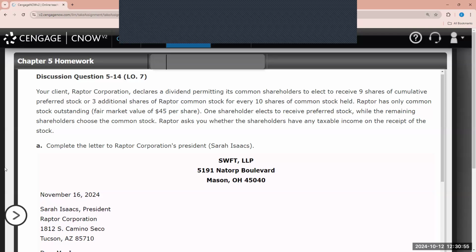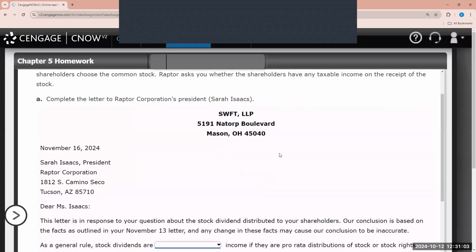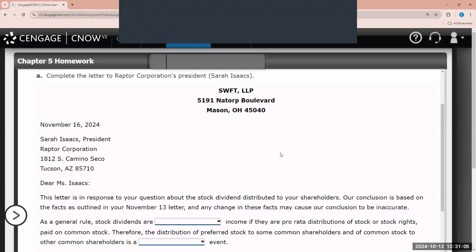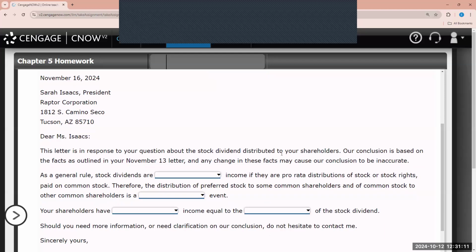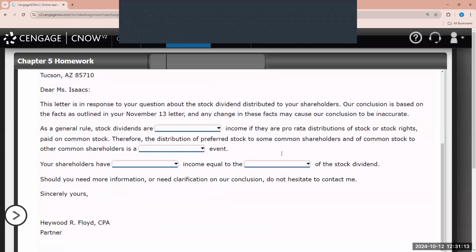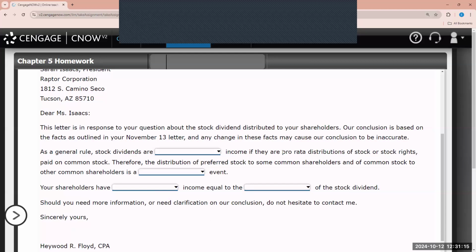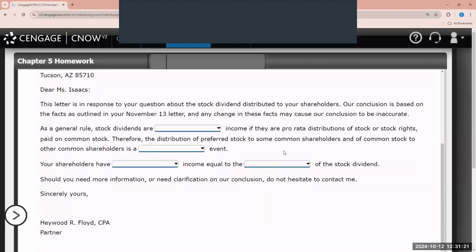So it's asking us to complete the letter to Raptor Corporation's president, Sarah Isaacs. So this is SWFT LLP at 5191 Nathorpe Boulevard, Mason, Ohio, November 16, 2024. Sarah Isaacs is the president for Raptor Corporation, 1812 South Camino Seco, Tucson, Arizona, 85710.